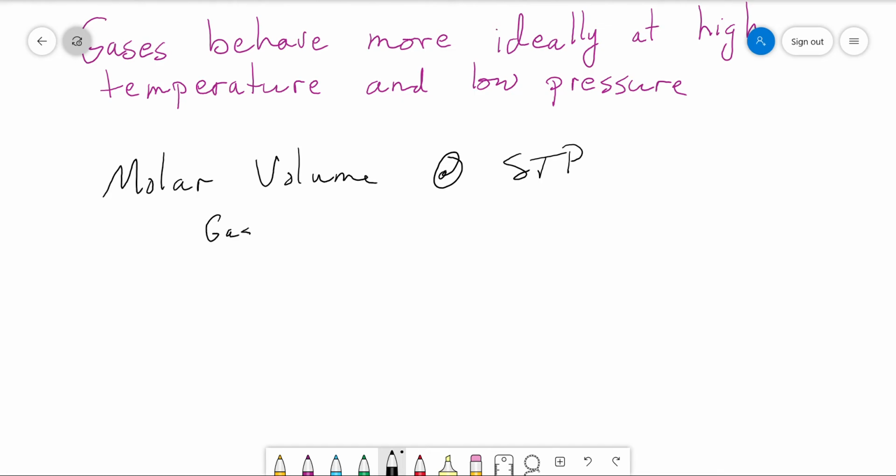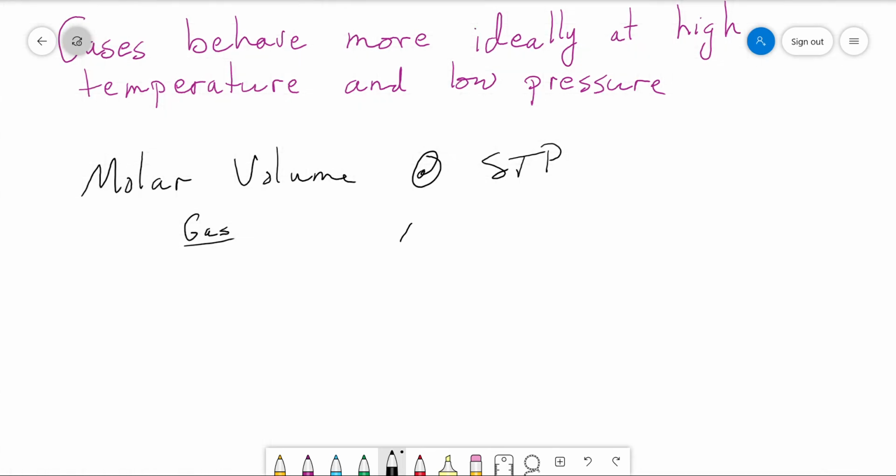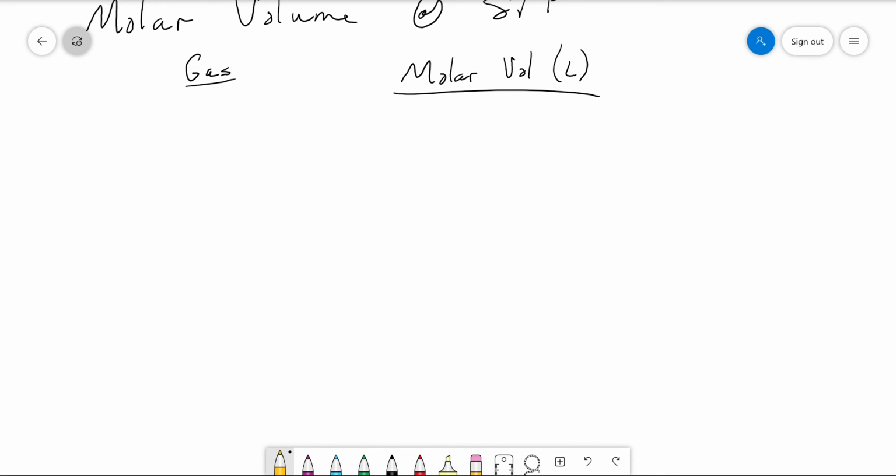So we'll list the gas here, and then its molar volume in liters per mole. Let's list an ideal gas first. For an ideal gas, using PV equals nRT, we get 22.41 liters per mole.